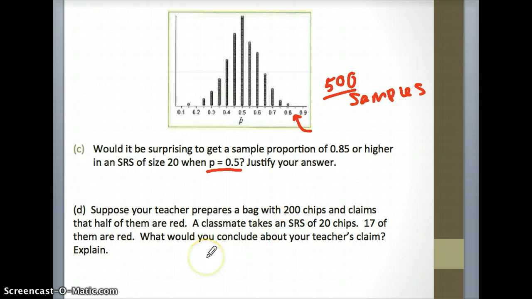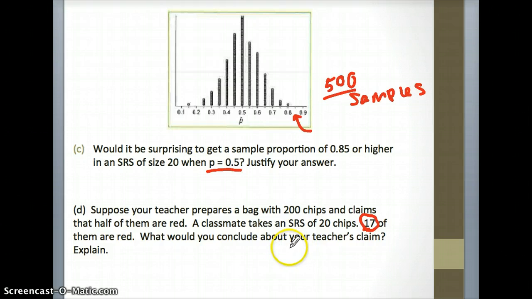So suppose your teacher prepares a bag with 200 chips and claims that half of them are red. A classmate takes an SRS of 20 chips, 17 of them are red. What would you conclude about your teacher's claim and explain this? So the student's results give strong evidence against the teacher's claim. If the teacher is claiming that half of them are red, having as many as 17 come across for one student, it would kind of conclude that the teacher's claim wasn't accurate.